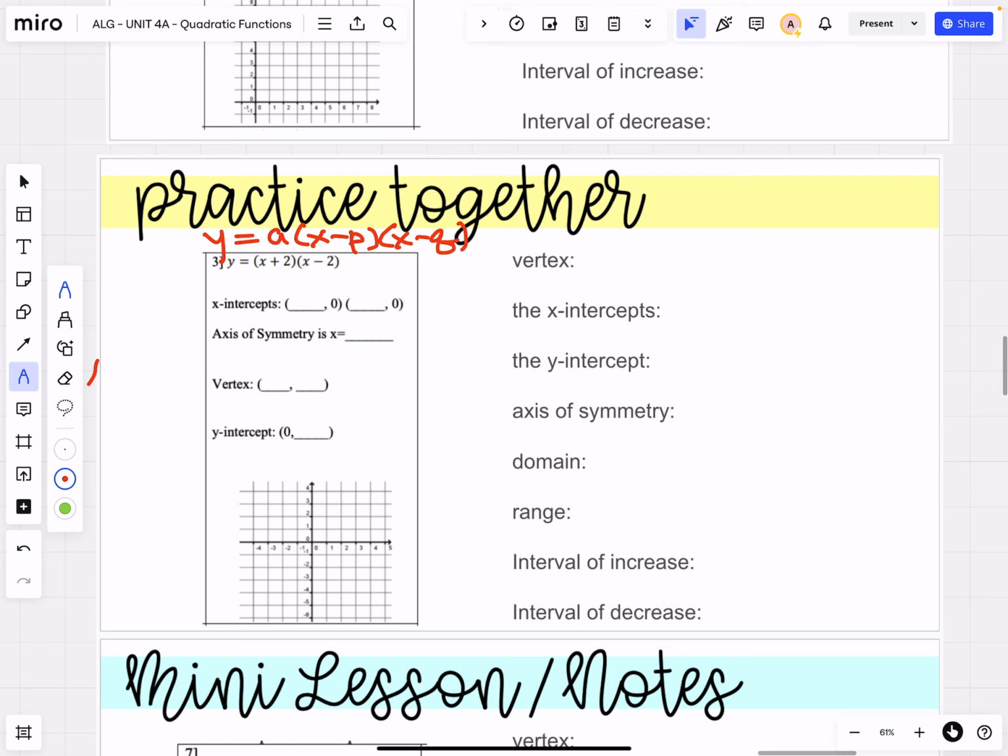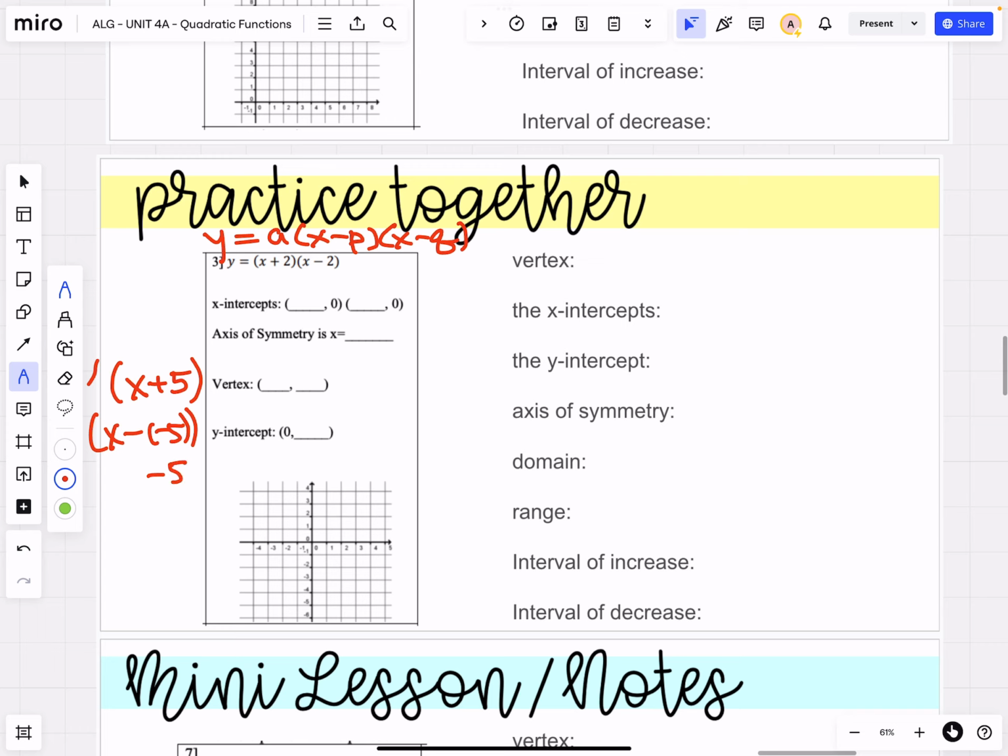And you might say to yourself, well, what if my parentheses actually look like x plus 5? Well, that's just a negative in disguise, because that's really x minus a negative 5, which makes it x plus 5. Okay, and so in this case, our p-value would be negative 5.